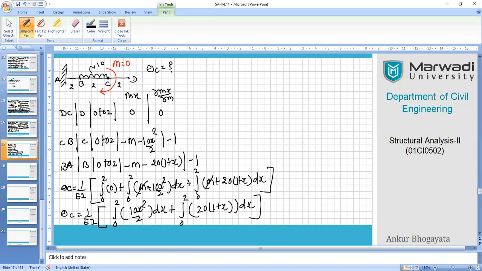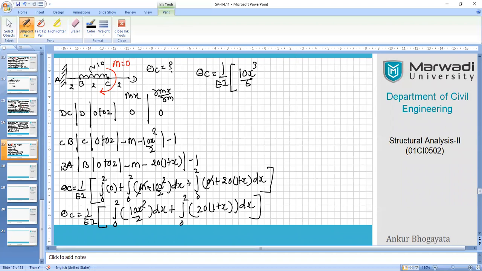Okay, so we'll come here again for the next calculation. Theta C is 1 upon EI, right? I hope you are doing it with me. Let's integrate it now: 10 cube upon 6, right?